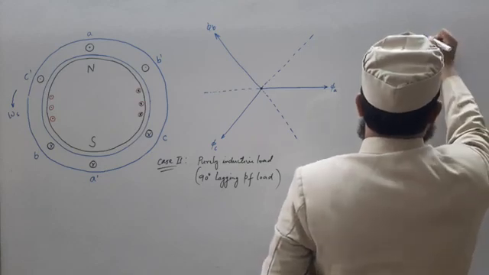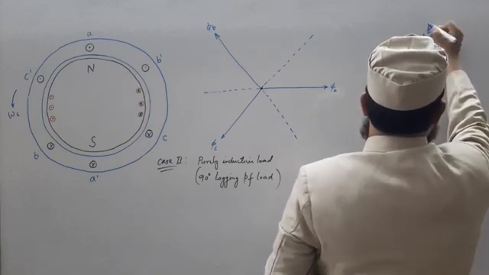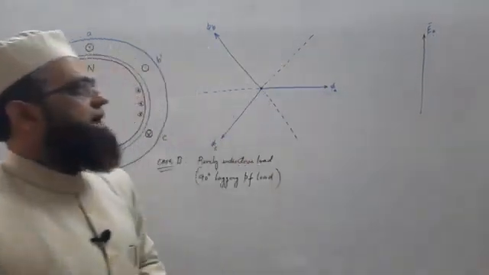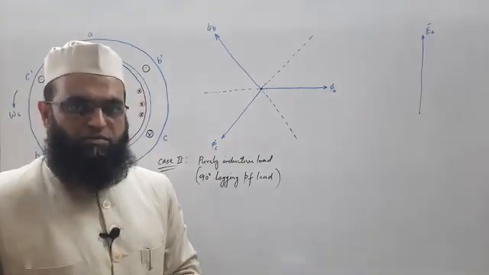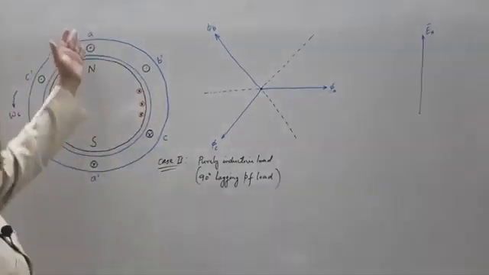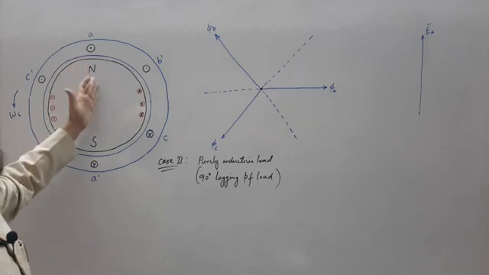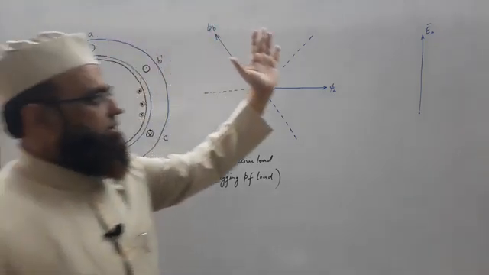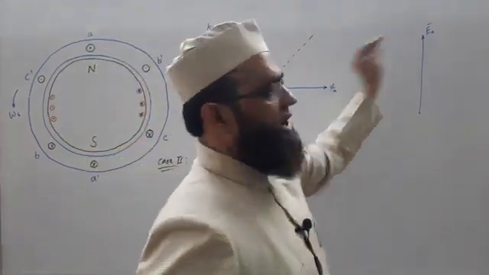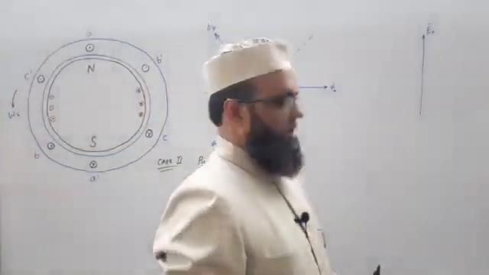Why? We know it very well, as the instantaneous value is obtained by taking the vertical projection at any moment of time. So at this moment, when the alignment of the rotor field is along this, it is having maximum induced EMF, hence the phasor will be along the vertical position at this moment.